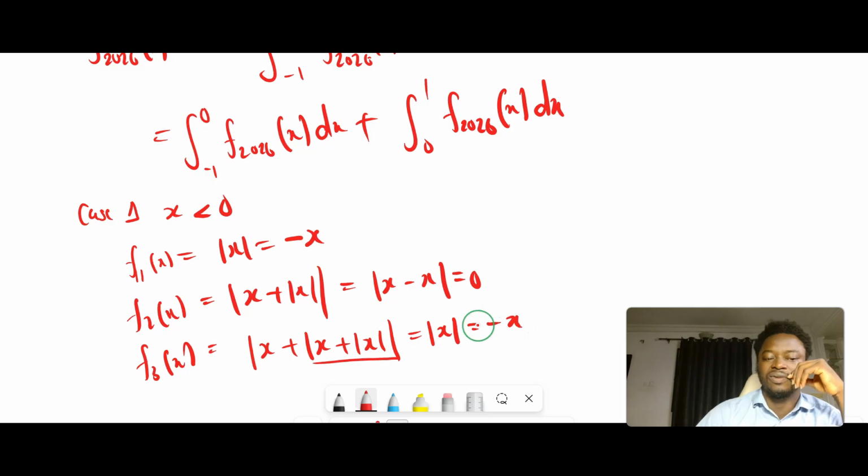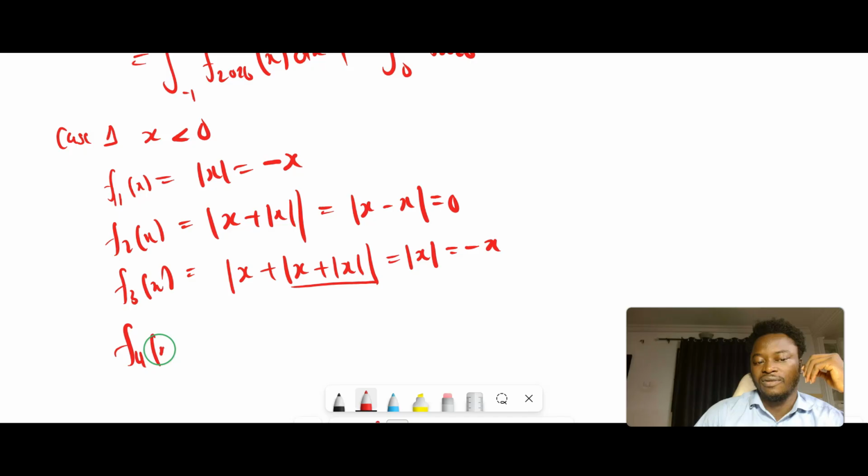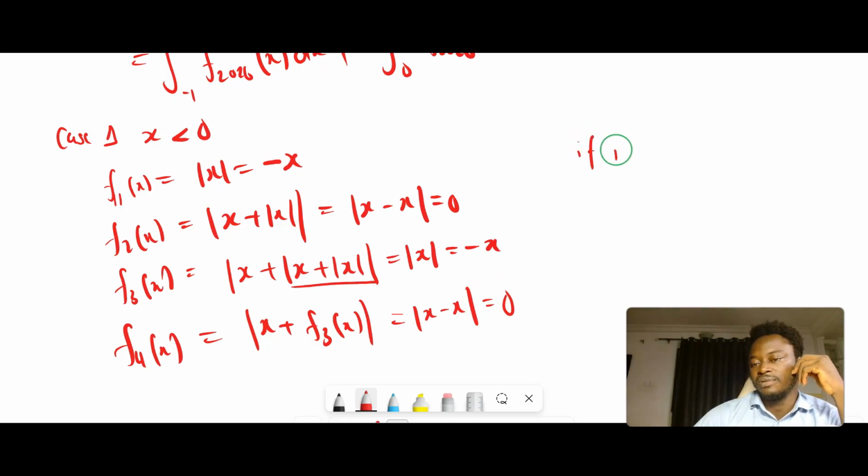So what about the odd cases here? So f sub 4 of x is basically x plus f sub 3 of x. So that would be x minus x, which would be 0 too. So I think we have a pattern here: if n is even, then f sub n of x is 0.